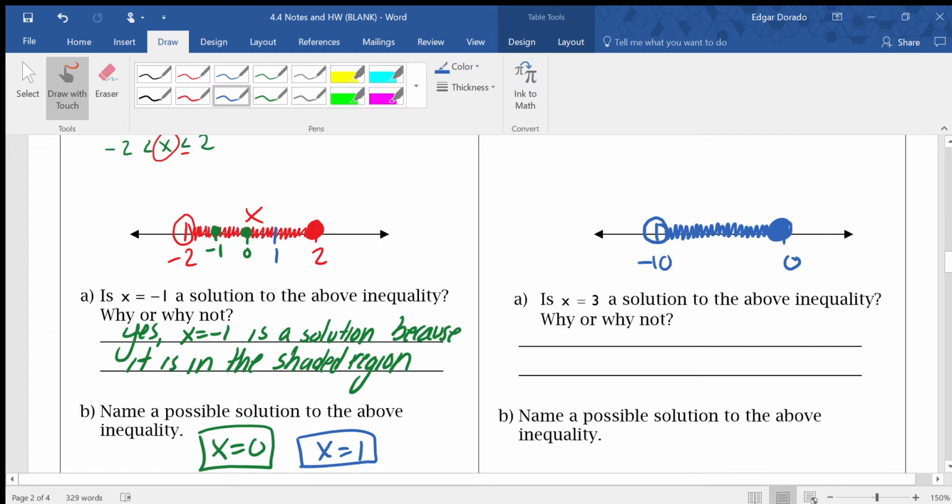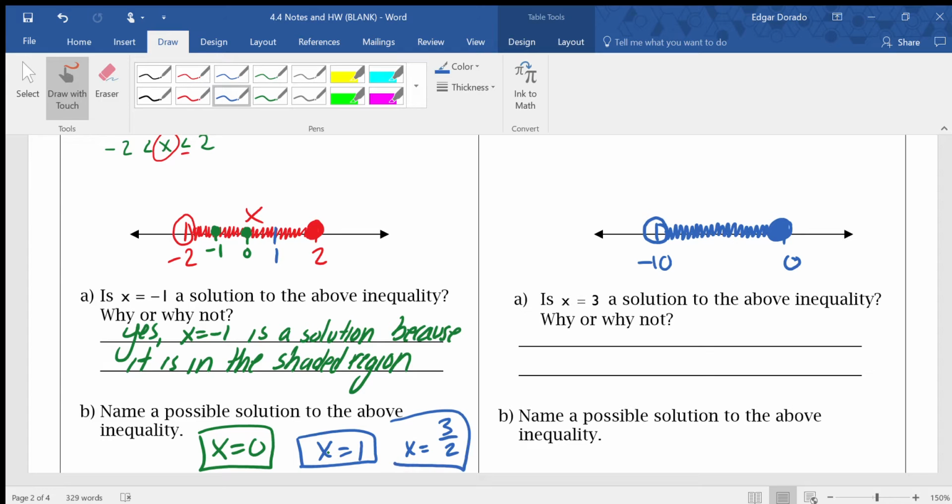So there's multiple answers here, guys. You could choose whichever you want. You could even choose a fraction. Say x equals 3/2, which is about 1.5, which would fall somewhere right here. 1.5 totally doesn't look good, so why don't I do this? 3/2. Okay?